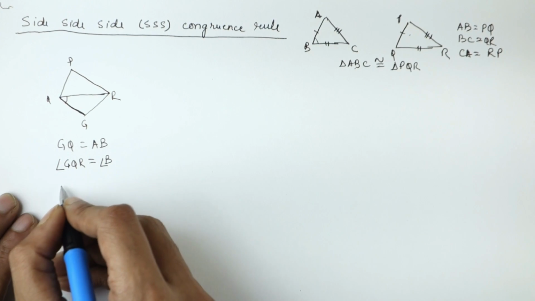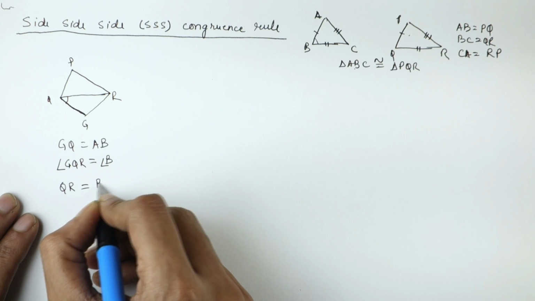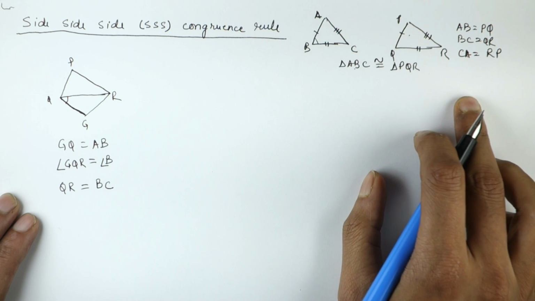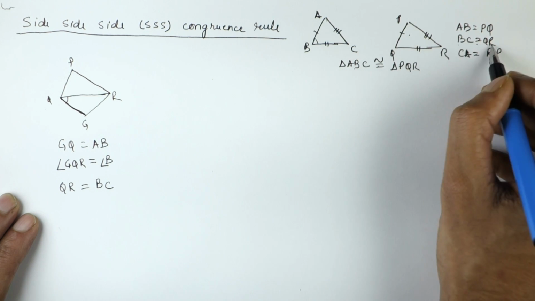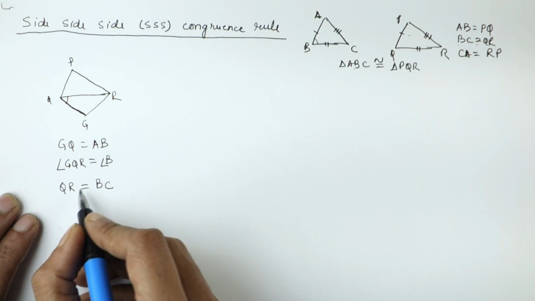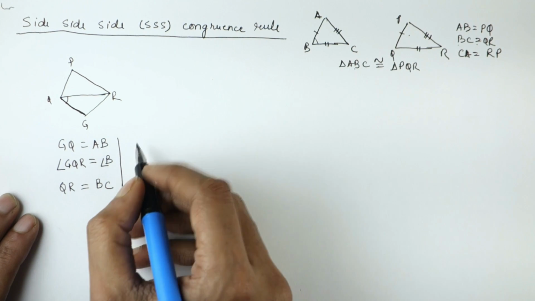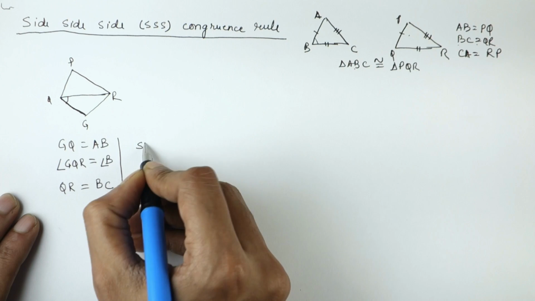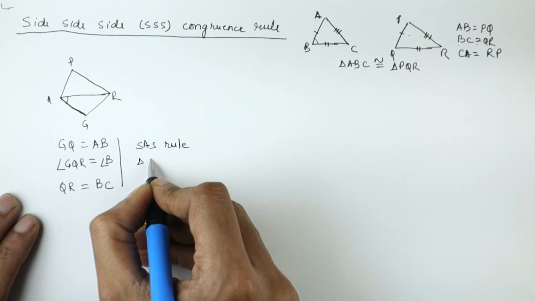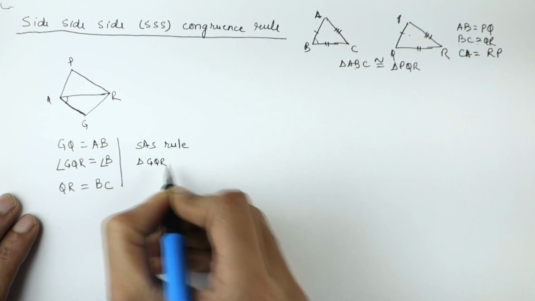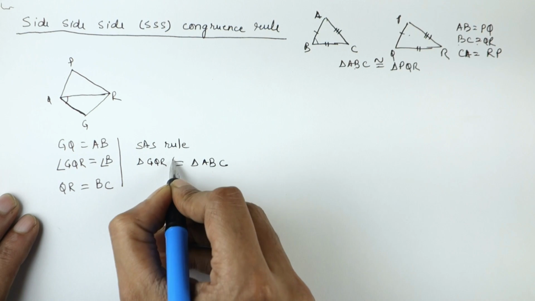Also, we know that the side QR is equal to the side BC, which is given to us. So if you take a closer look at these three, then it tells us through the side angle side rule, when applied to triangle GQR and triangle ABC, that these two are congruent.